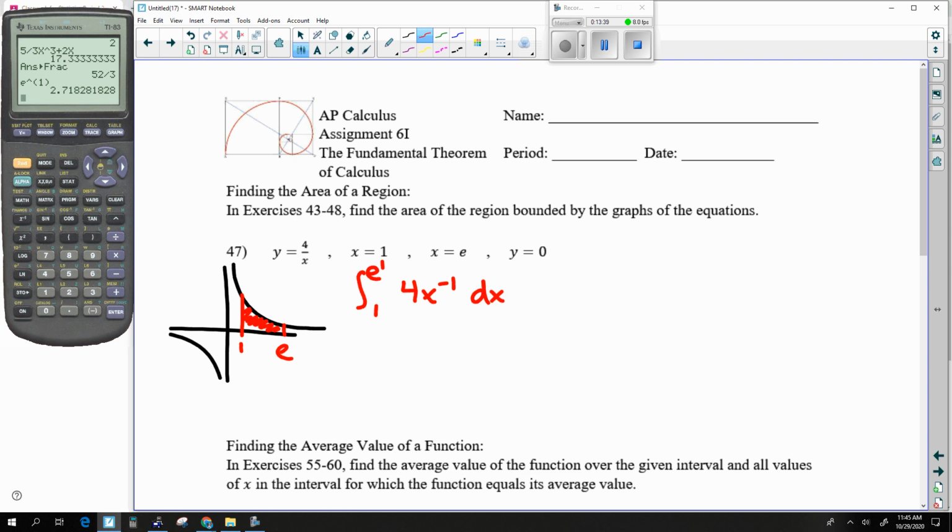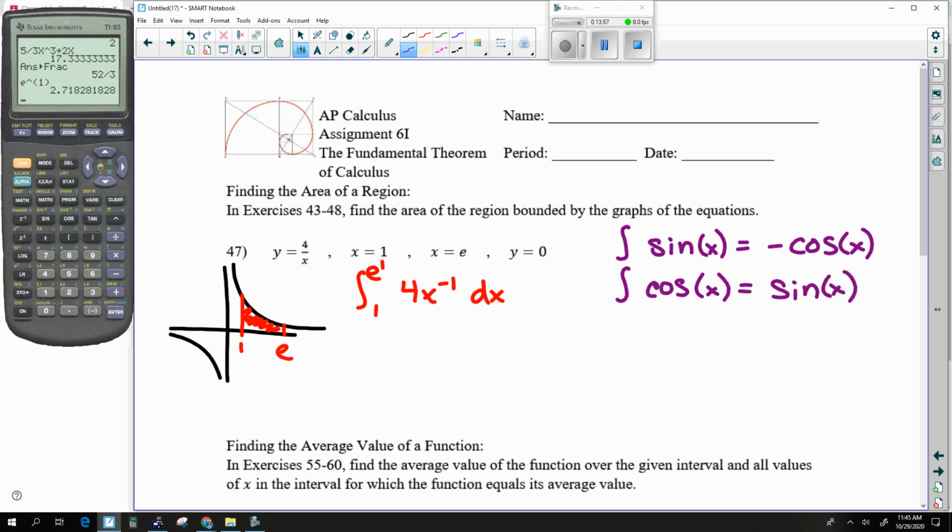Okay, so fancy integrals. We know that sine is negative cosine. We know that cosine is sine. We know that secant squared is tangent. Again, just kind of reverse engineering.